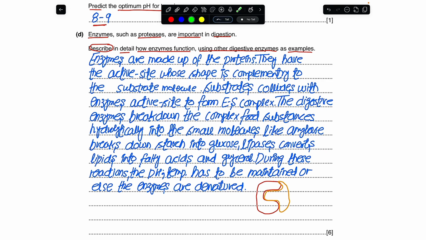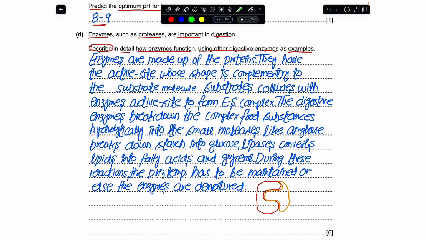Afterward, we would say that in the case of the digestive tract, the digestive enzymes would break down complex food substances into small molecules hydrolytically, because most of the chemical reactions that go on during the digestion of complex food particles are hydrolytic reactions. They occur in the presence of water.